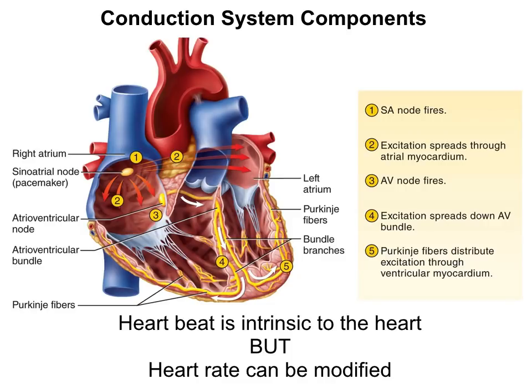Now what's interesting is directionality. If the bundle branches turn and the subendocardiac conducting network starts at the apex, wouldn't the apex get the action potential first? And I'm sure you're thinking yes. But then wouldn't it mean that the muscle in the apex contracts first?